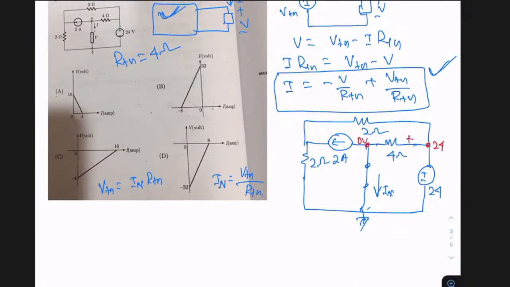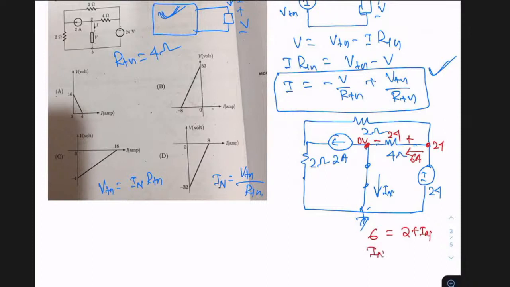So what is the voltage here? This voltage is 24, because this is 24 and this is 0, so this is 24. If it's 24, then the current is 24 by 4, which is 6 amperes. If you write the KCL at this particular node, the incoming current is 6 and the outgoing current is 2 plus IN.